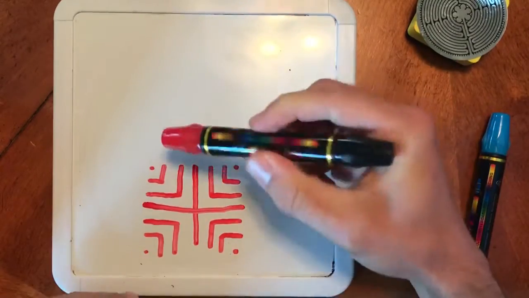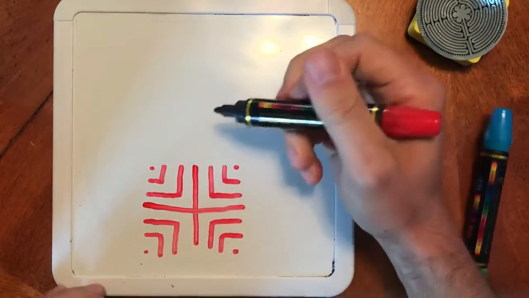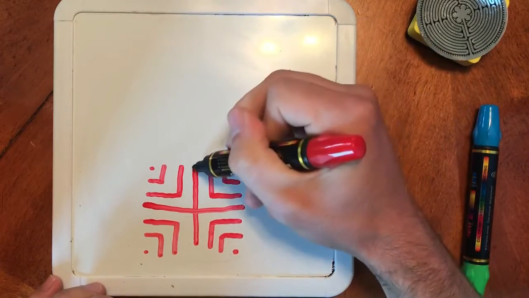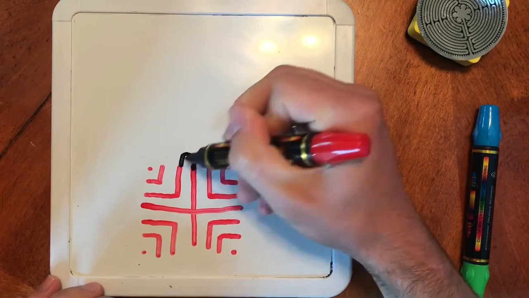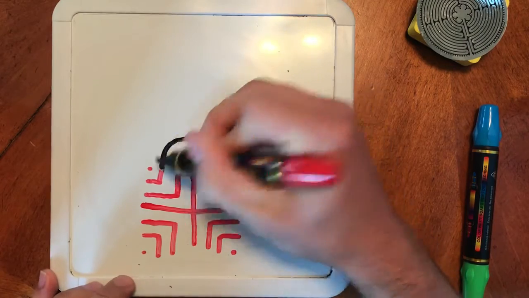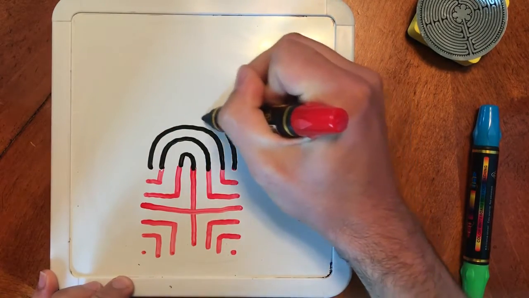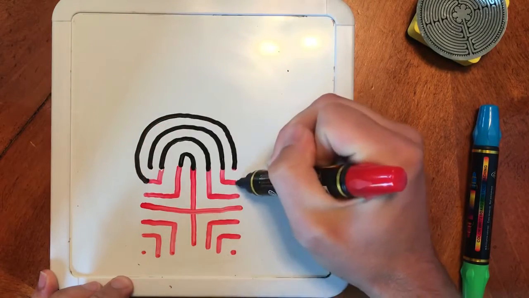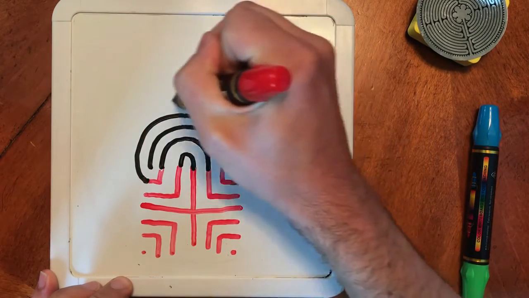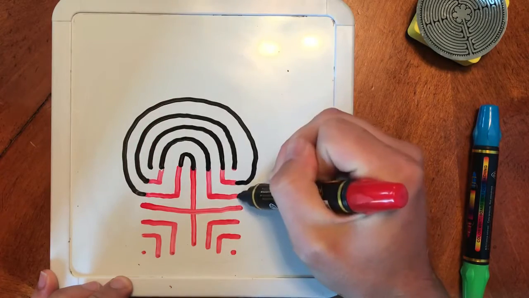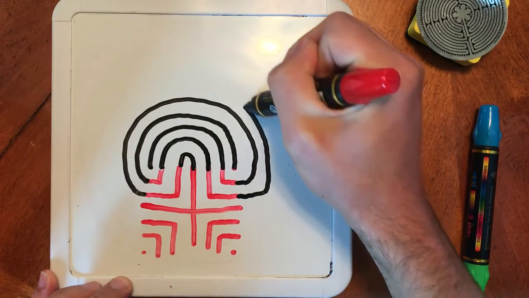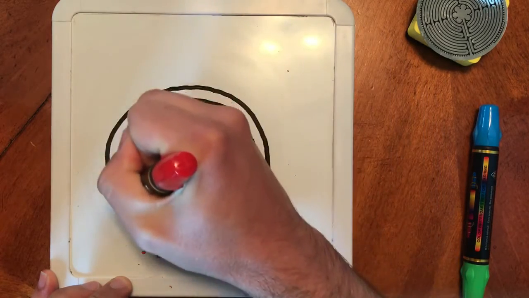And I don't have space here, but you would do the same technique where you would go up and over and you would connect these dots and lines, and when you finished, you would end up with an 11-circuit classical labyrinth, which is actually the basis for the 11-circuit Chartres labyrinth.